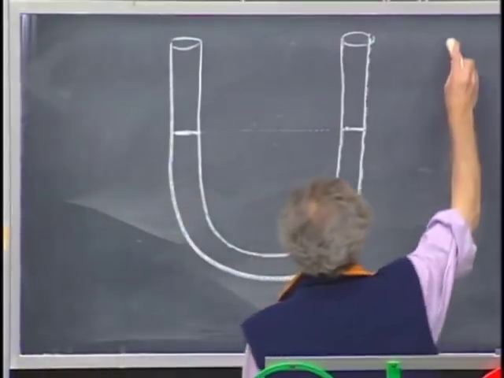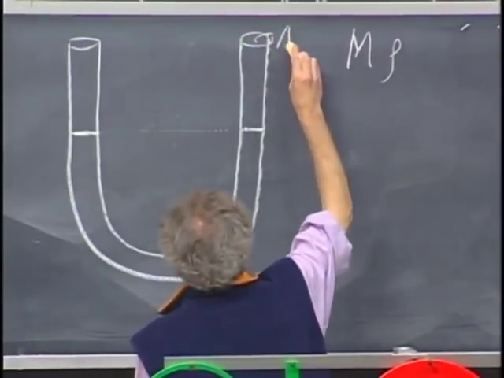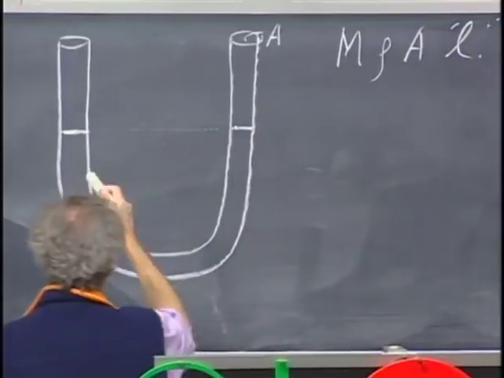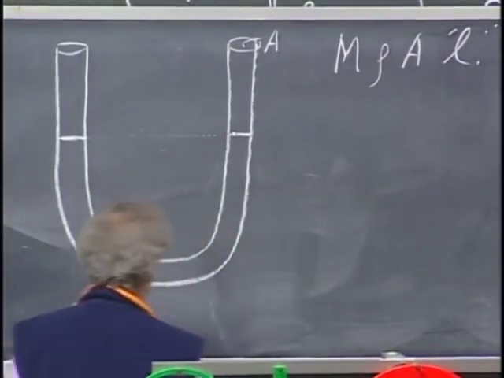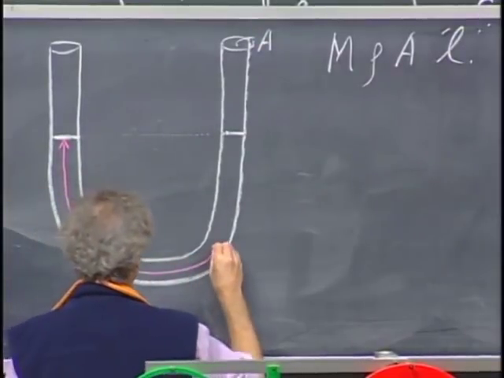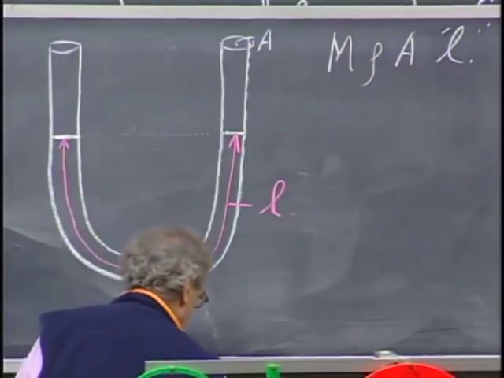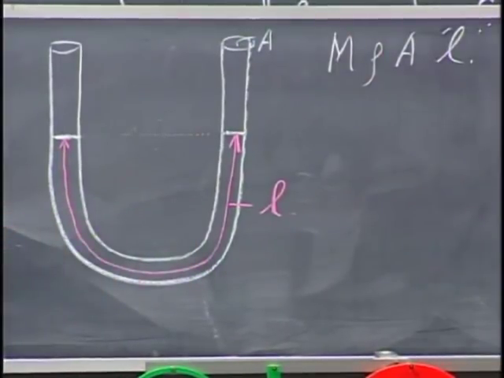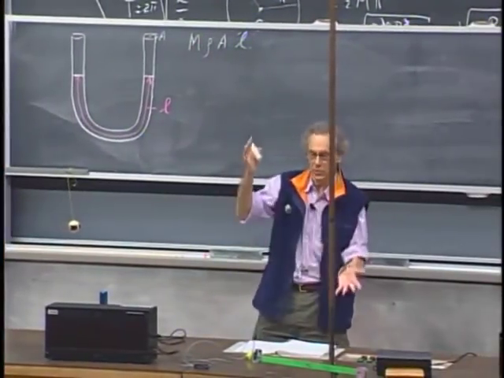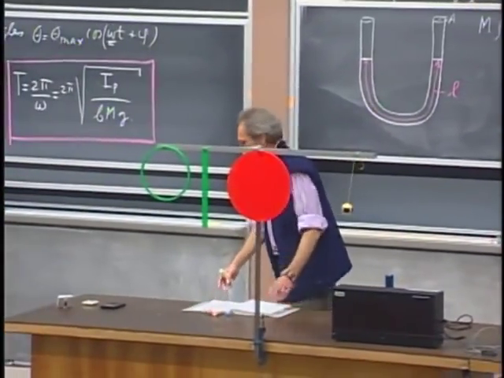And the liquid has mass m, density rho, the area of the tube is A, and the length of the liquid is L. So this is L. I'm going to offset the liquid, and I want to see it oscillate. And I want to see whether I can calculate the period of the oscillation.